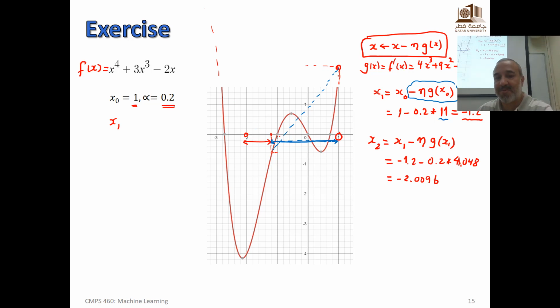But it has to be less so that we can get somewhere in that region. Otherwise, we will reach the global minimum. So I will leave that to you, and I will also leave it to you to try an even larger learning rate, like 1.5, and see what will happen. Any question about this?